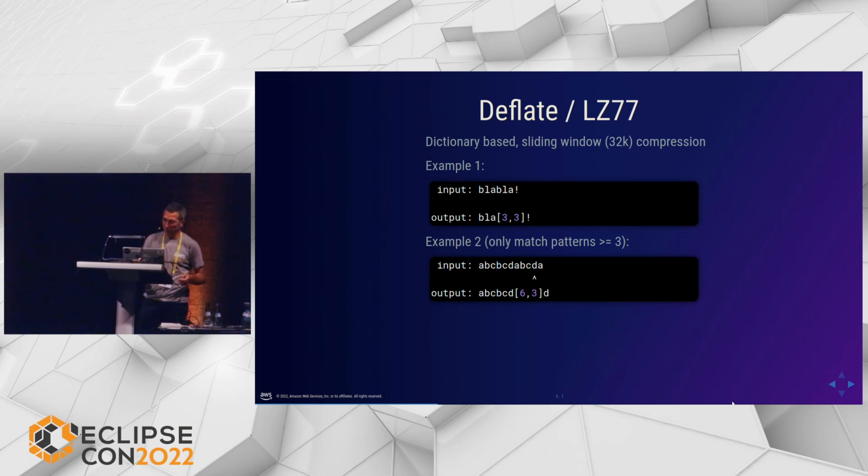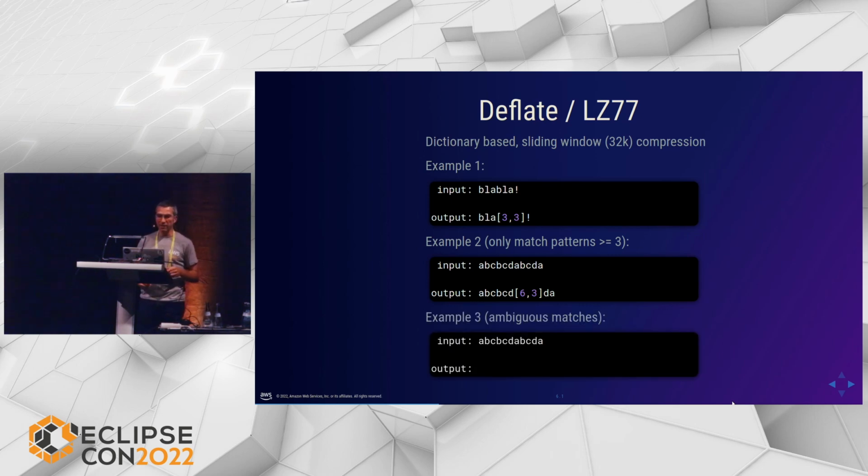And then we proceed at D and A. But there is one important thing here. This processing of the data is ambiguous. It depends how far we look backwards and how far we look forward. And you can see this here. This is actually the same input text, and we proceed the same way.